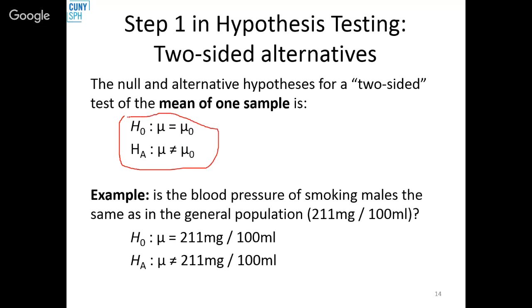H0 is that the mean of our population of interest is exactly the same as the mean under the null hypothesis. And the alternative is simply that the mean of our population of interest is different than the null mean. Doesn't matter how different it is, they might be just a little bit different, but just not exactly the same.